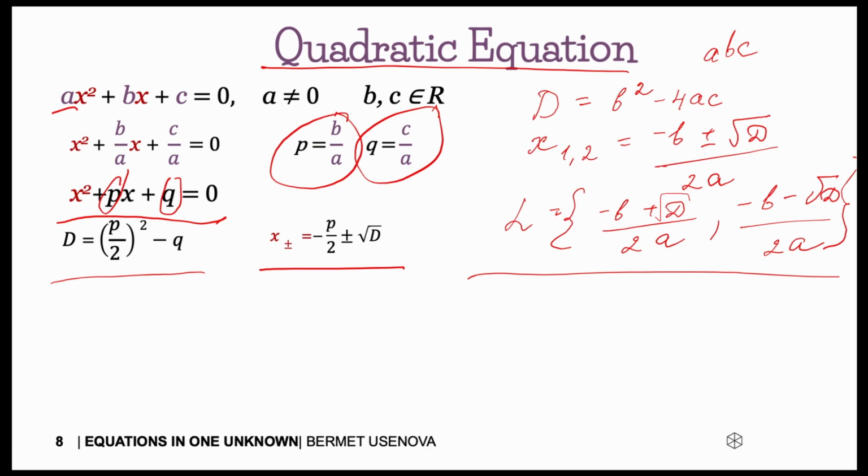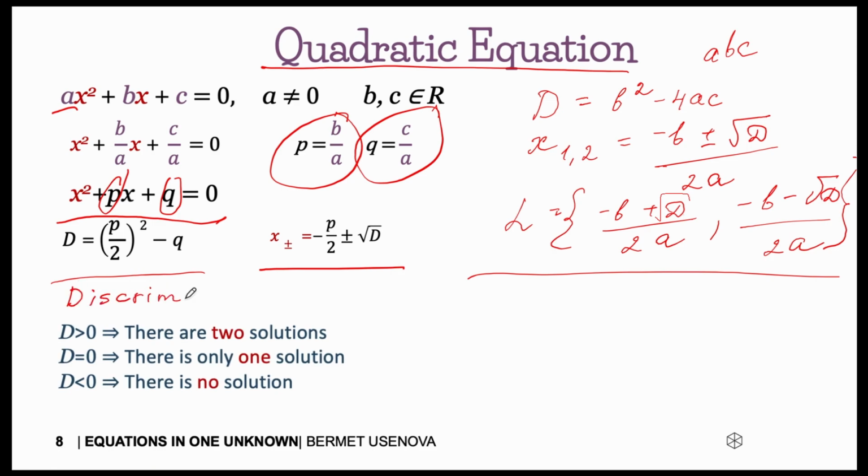So what is d here? Let's talk about d. D means discriminant. The discriminant gives us information about the solutions of quadratic equations, and it can be broken down into three cases. First, there are two solutions if the discriminant is bigger than 0. If the discriminant equals 0, there is only one solution.